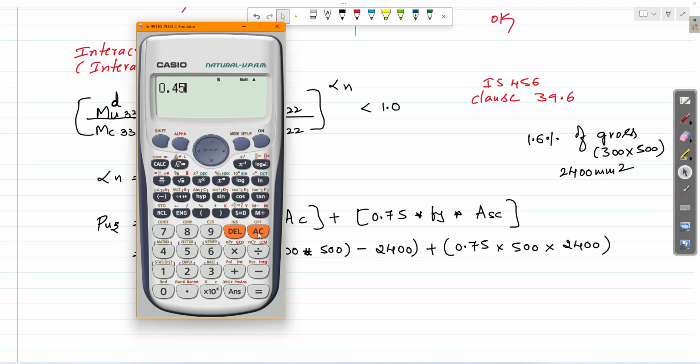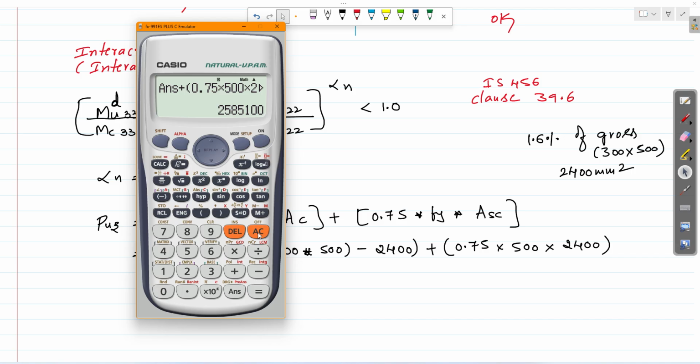So 0.45 multiplied by 25 multiplied by (300 multiplied by 500 minus 2400), plus 0.75 into 500 into 2400.